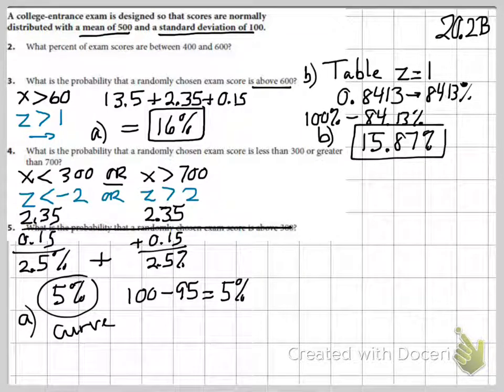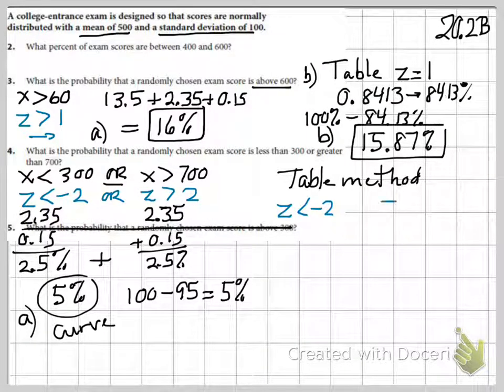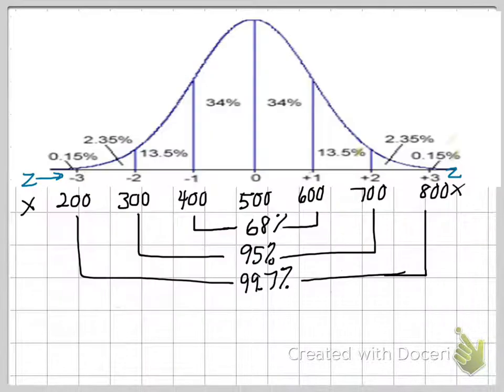We also need to work this thing out using the table method. I'm still dealing with the two different z deals. Z is less than -2. Z is greater than +2. So I'm going to my curve, looking for the -2 side first.